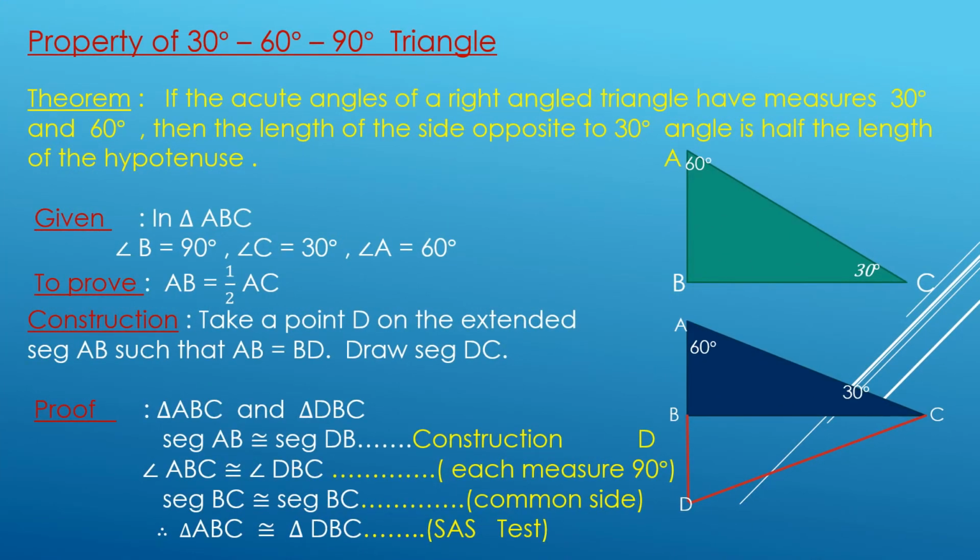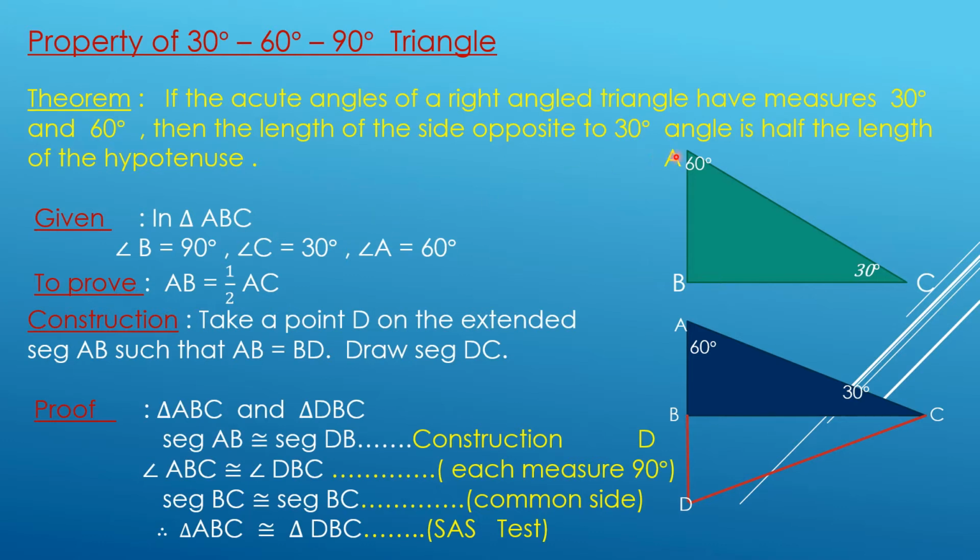Property of the 30 degree, 60 degree, 90 degree triangle. The first theorem: if the acute angles of a right angle triangle have measures 30 degrees and 60 degrees, then the length of the side opposite to the 30 degree angle is half the length of the hypotenuse. First you have to draw the triangle.